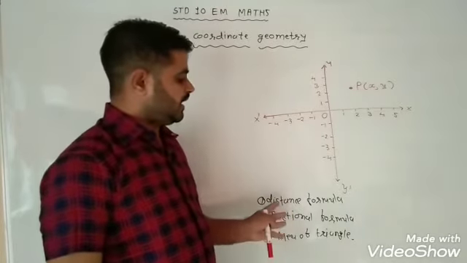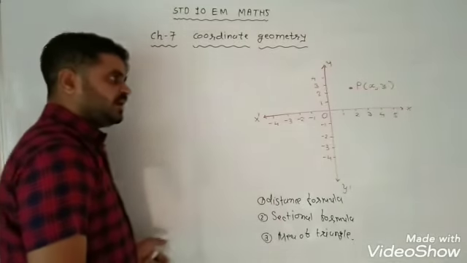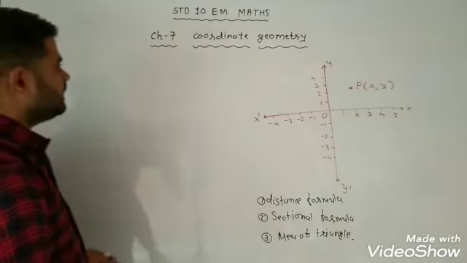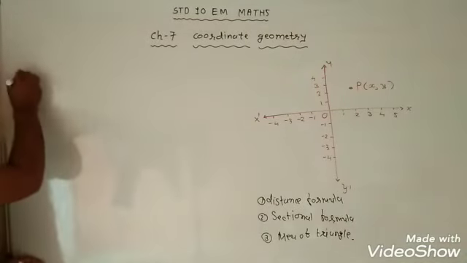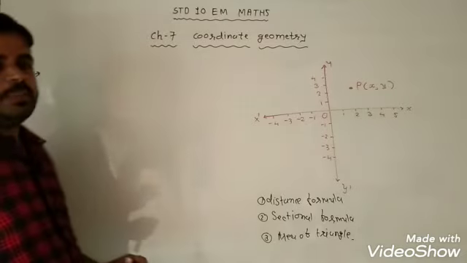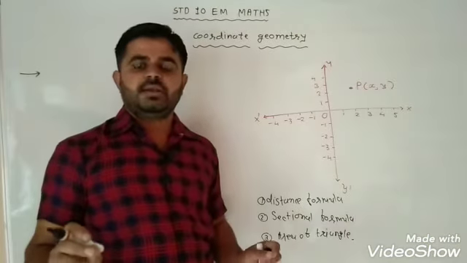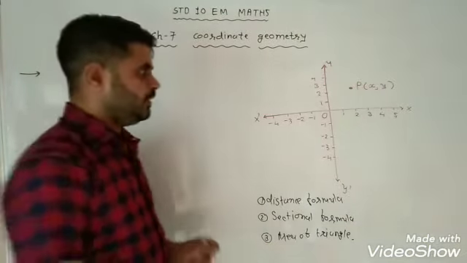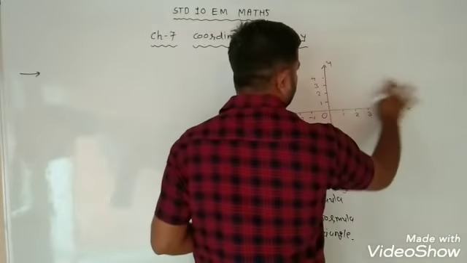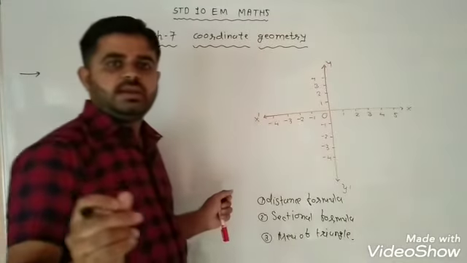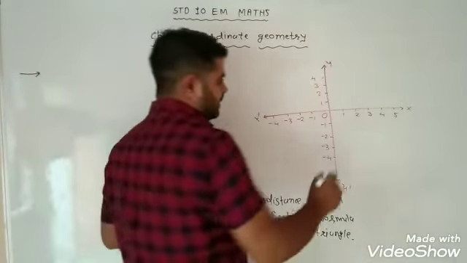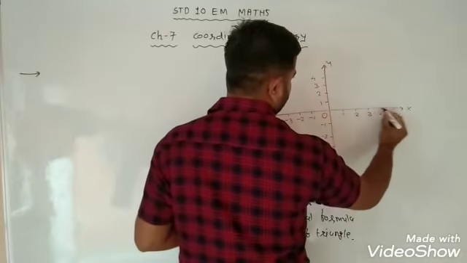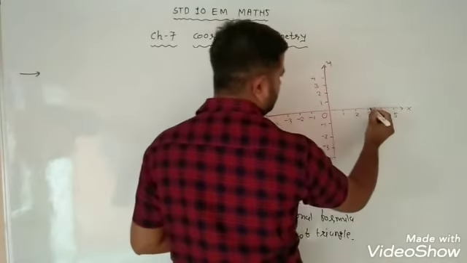But while we see these 3 concepts, let us understand some important points. Suppose we have any point lying on the x-axis, it may be possible that in this region this point is available.